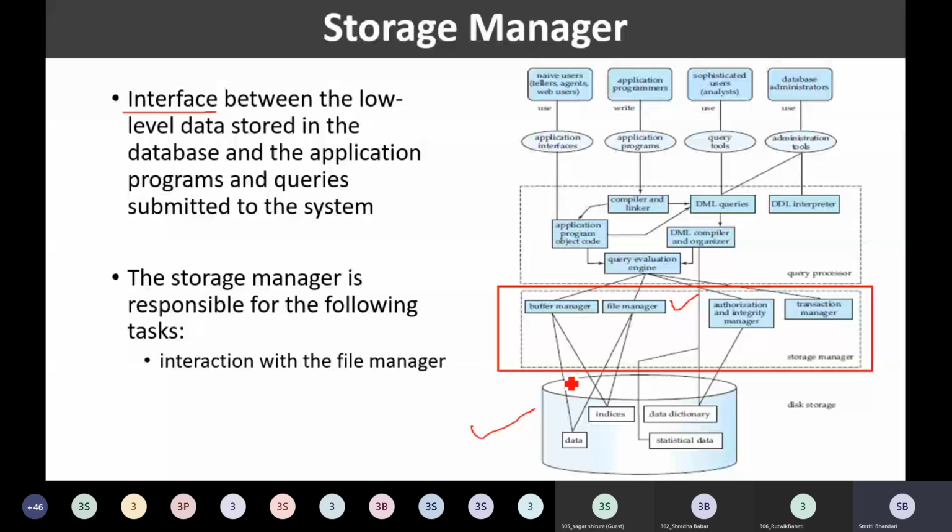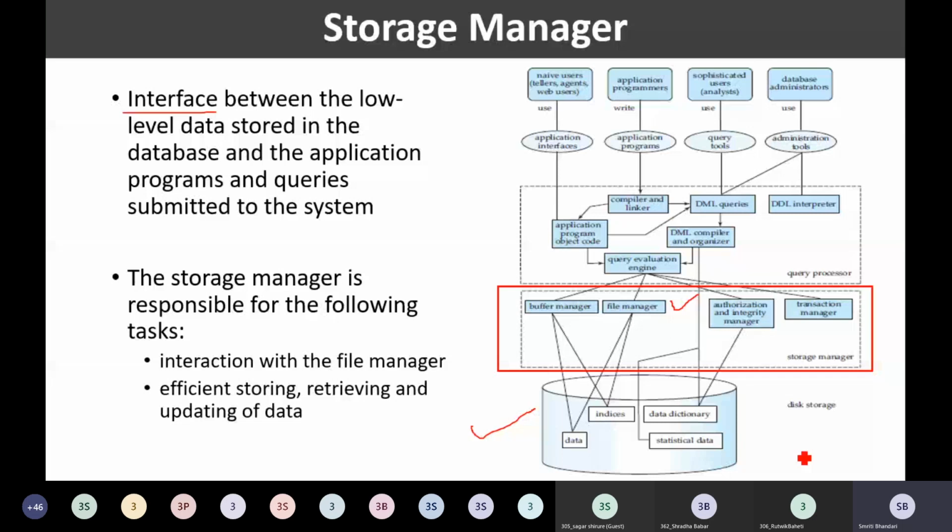And also it is responsible for efficient storing, retrieving and updating of data in the disk storage. I'll repeat, two important responsibilities. The storage manager translates the various DML statements into low-level file system commands, and it is responsible for storing, retrieving and updating the data in the database.